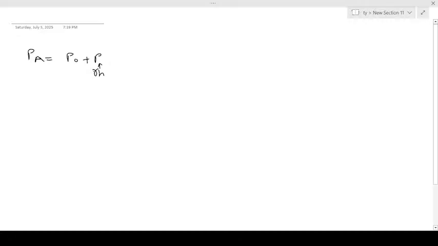And we can apply this concept to many things, such as the hydraulic press. The hydraulic press looks something like this. Please excuse my drawing.